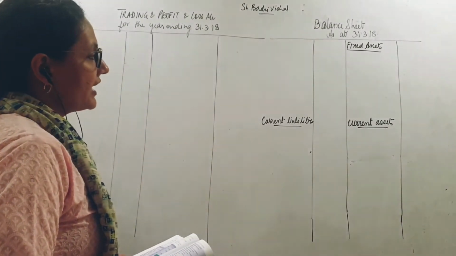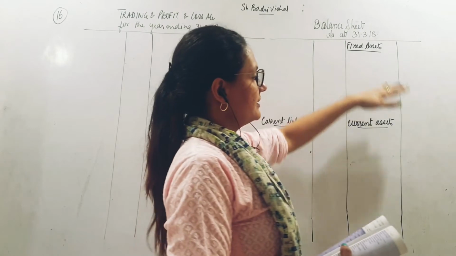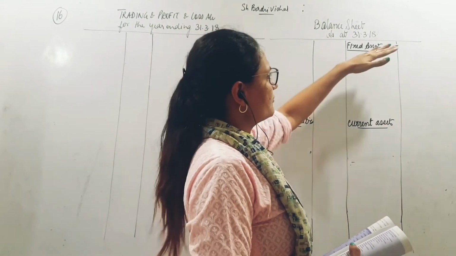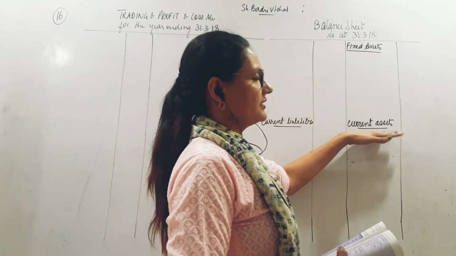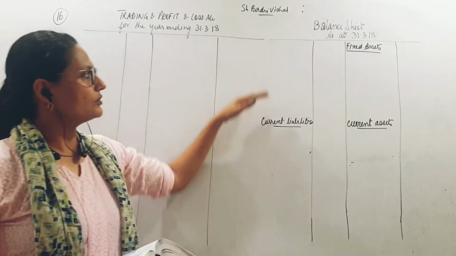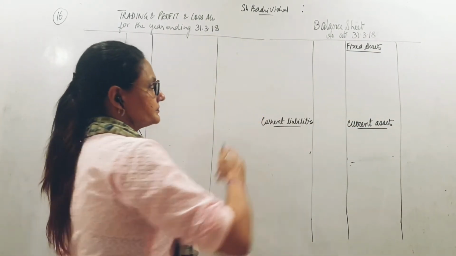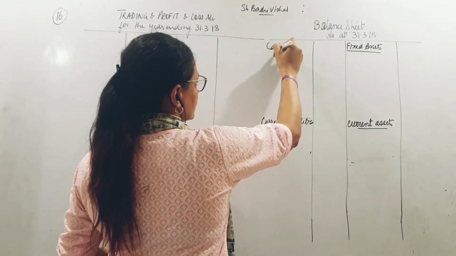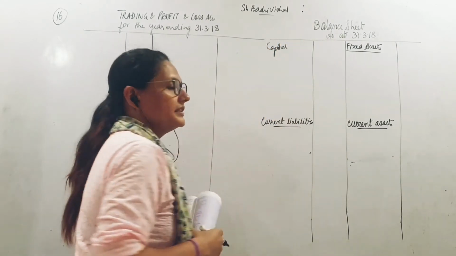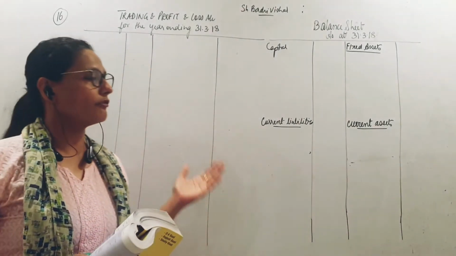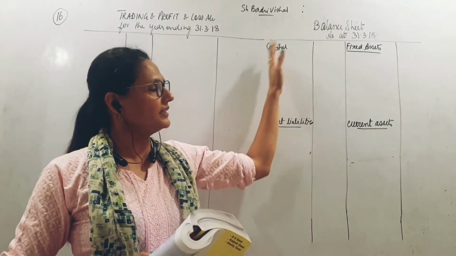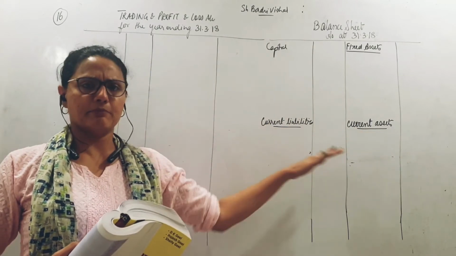The balance sheet I have divided already: this is the asset side, all assets, but just for the sake of convenience I put fixed assets first and then current assets. Here also I will put capital first and current liabilities later. This is also called a balance sheet drafted in the order of permanence, meaning these are the permanent things, these are the temporary things.